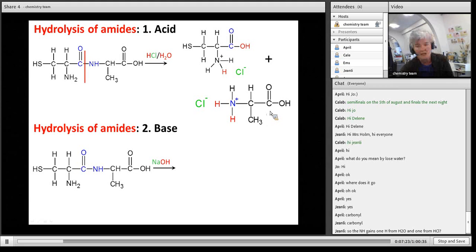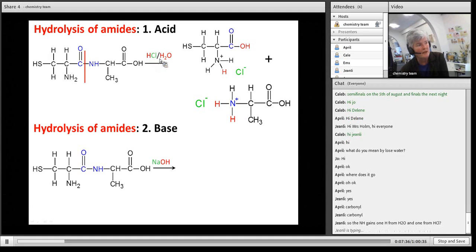Now the NH gains H from the H2O and one from the HCl. Yeah, that's correct, and that's why you need the acid. So the OH adds onto one of them, and then the H adds onto the other one.